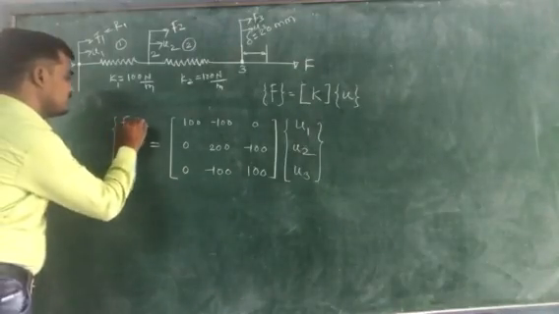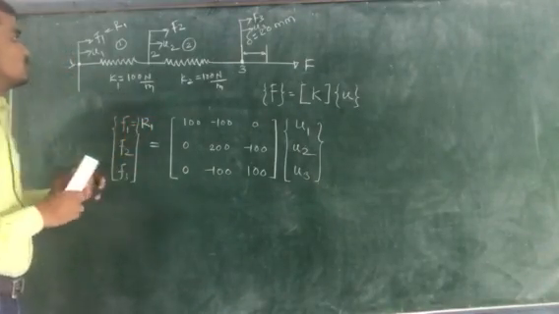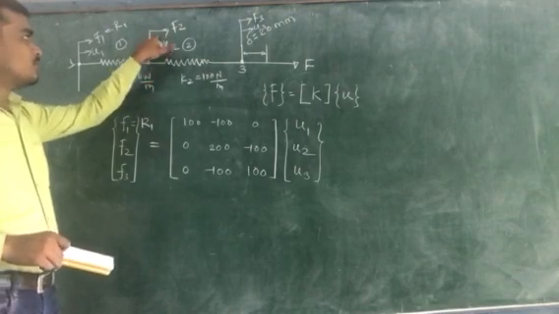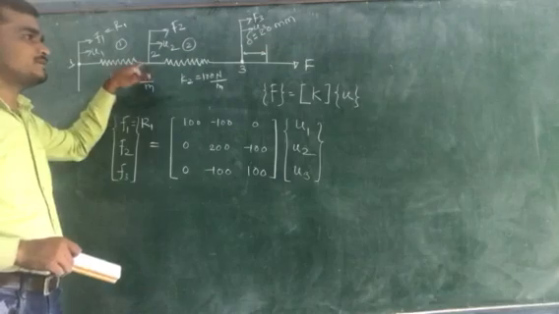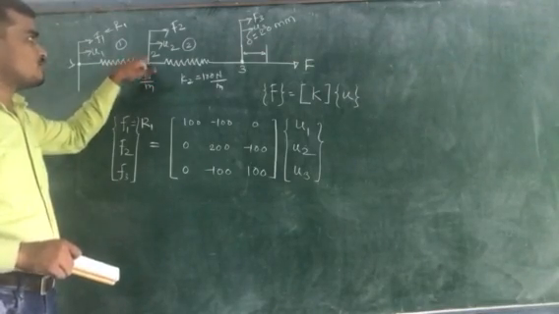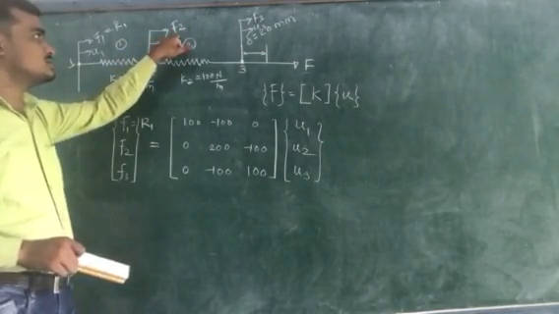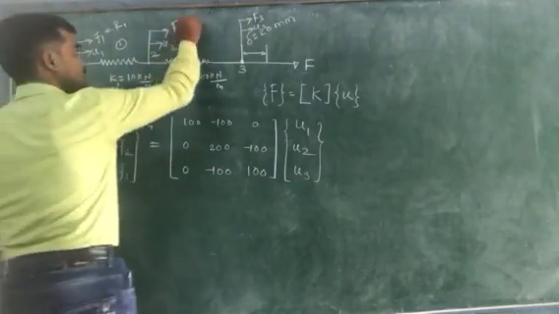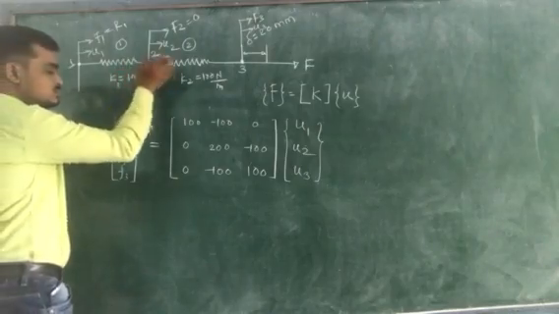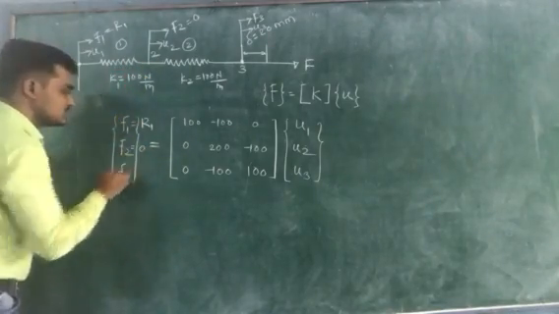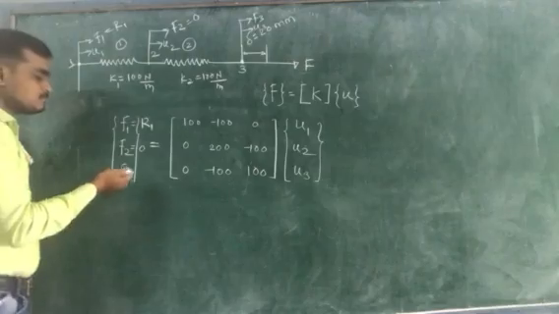So F1 will become R1. Now the value of F2 at this node is not given, and it is not fixed, it is free. So we will consider F2 equal to 0, as the value of F2 is not mentioned in this example.